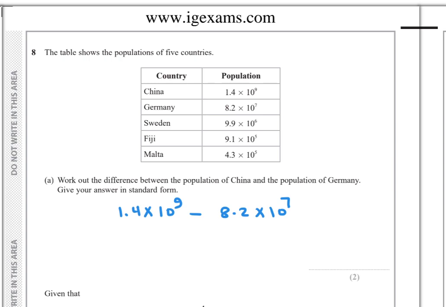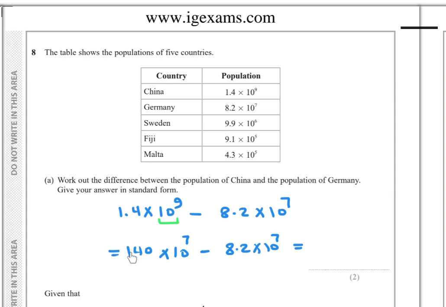Give your answer in standard form. So we can change 10 power 9 into 10 power 7 and multiply 1.4 by 100. So you get 140 minus 8.2 times 10 power 7.